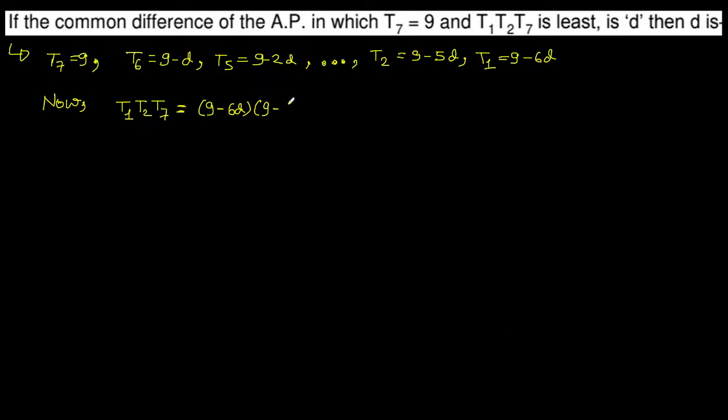This is 9 minus 5D, T7 is 9. So we have already studied quadratic, which we can say that it is 6D minus 9, and this is 5D minus 9.